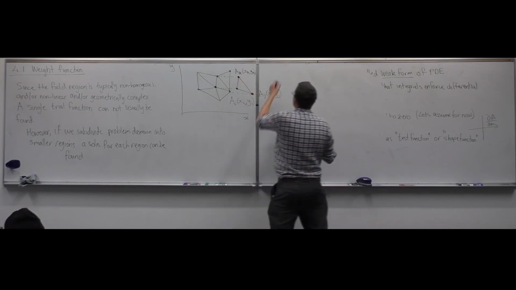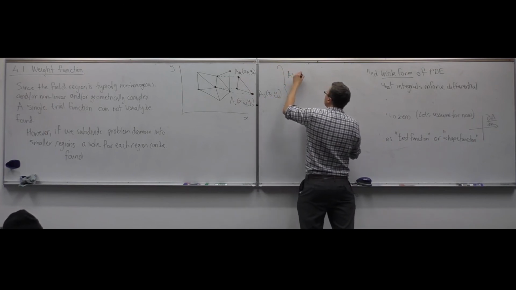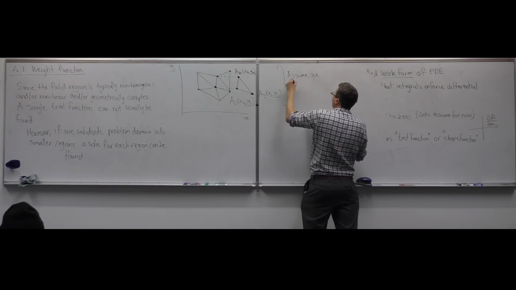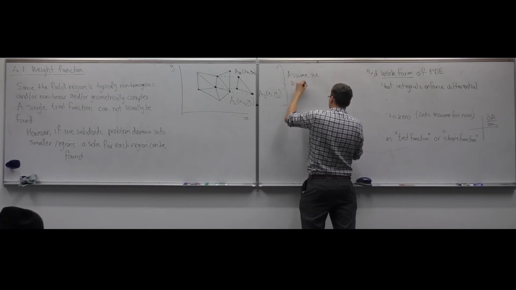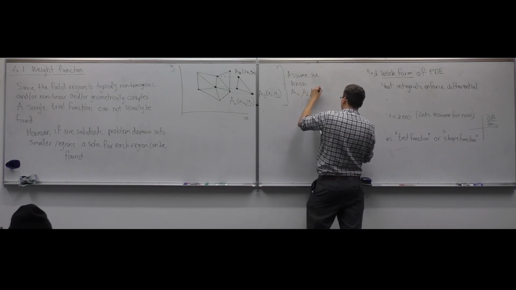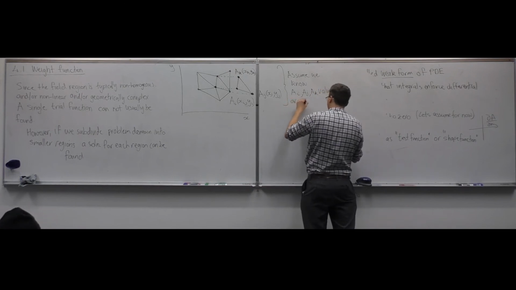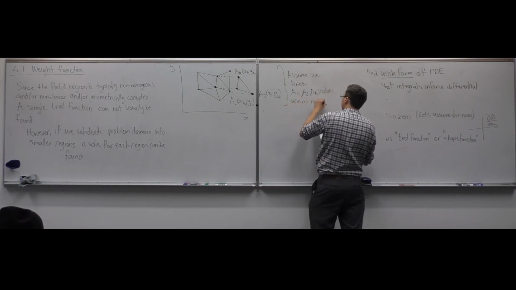So assume we know what AI, AJ, and AK values are at node points.